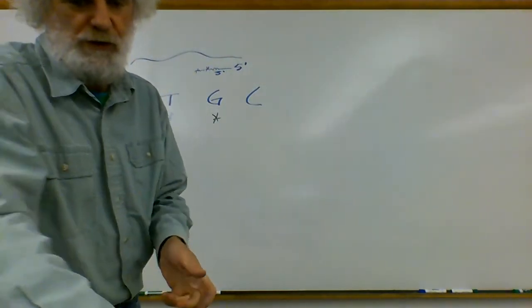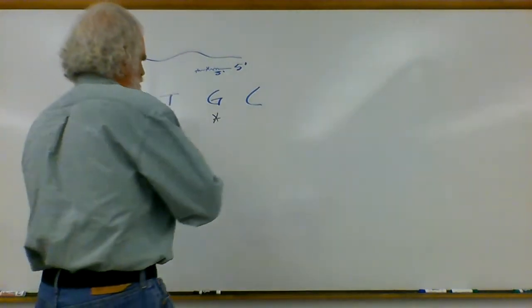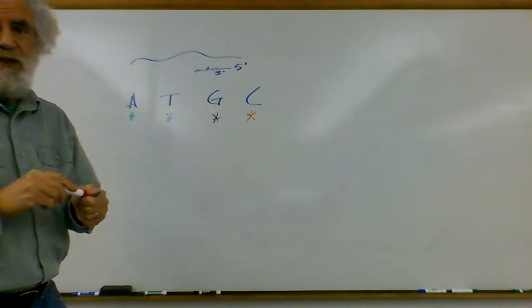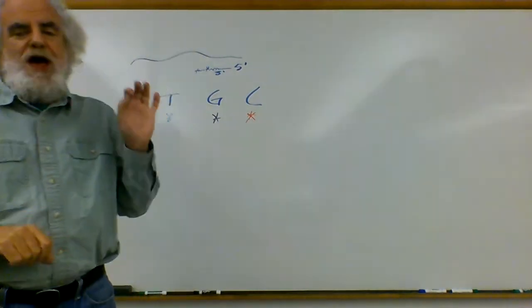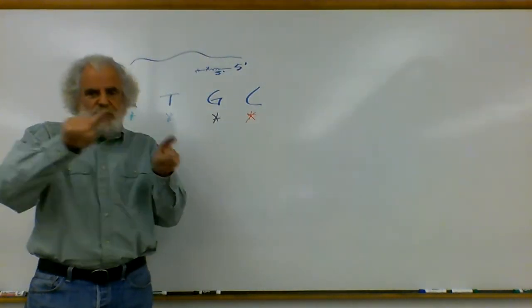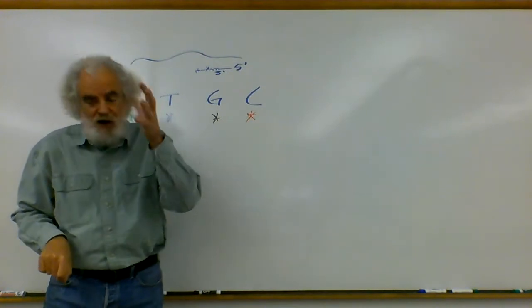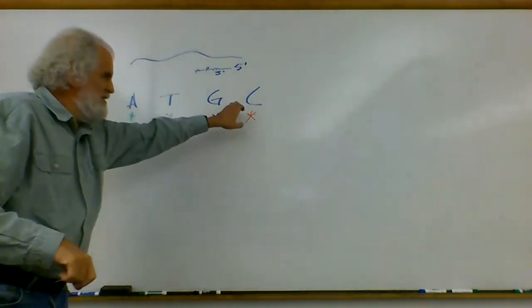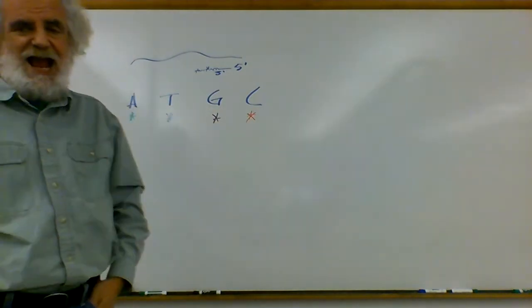Red's not working so good. With a red fluor. All right. So now, rather than having to run 4 separate tubes, you can run this all in the same tube using these 4 separately fluorescently tagged nucleotides.